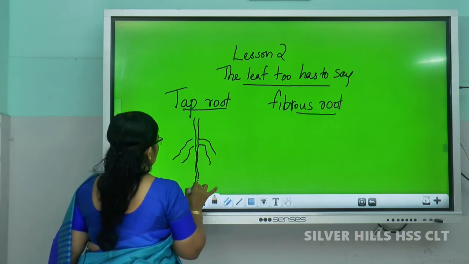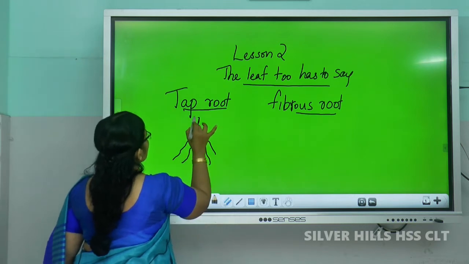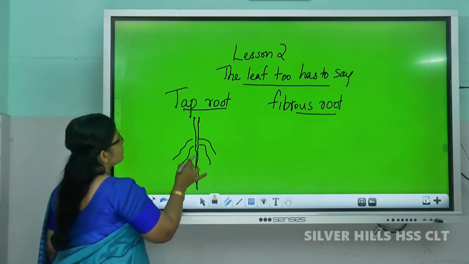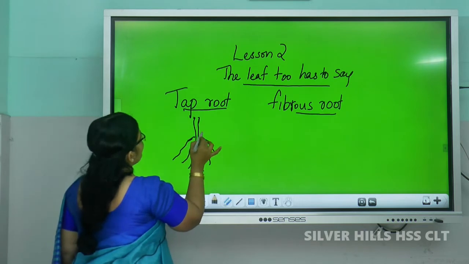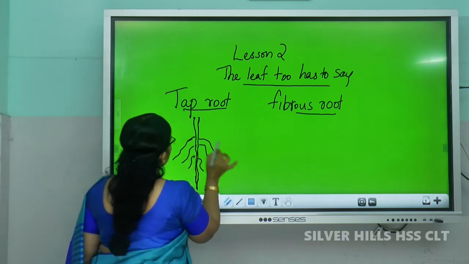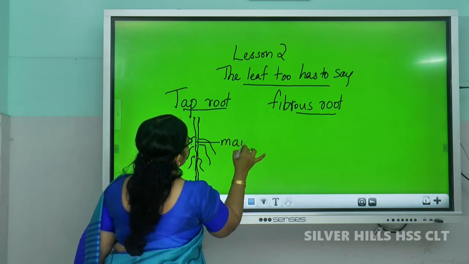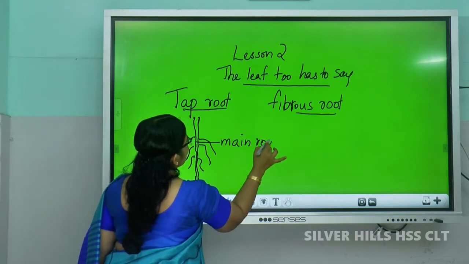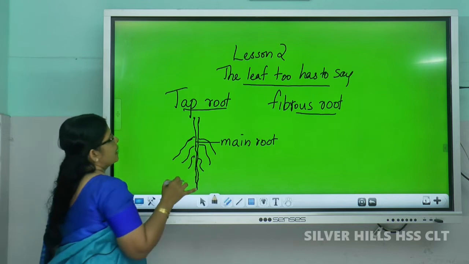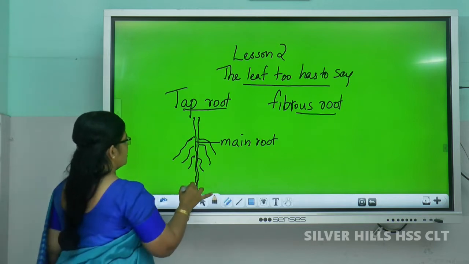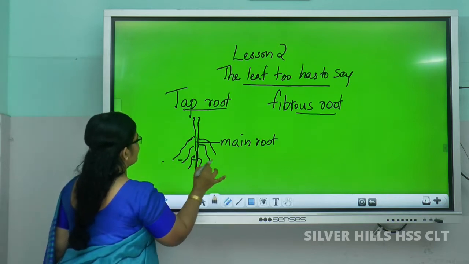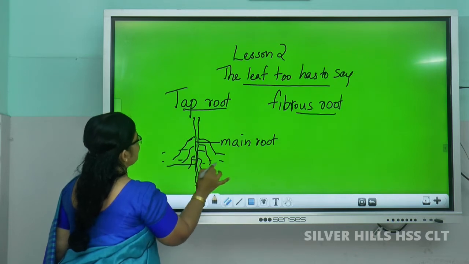A main root growing deep down into the soil, and hair-like roots on both the sides. The main root grows from the base of the stem, and it goes deep down into the soil.